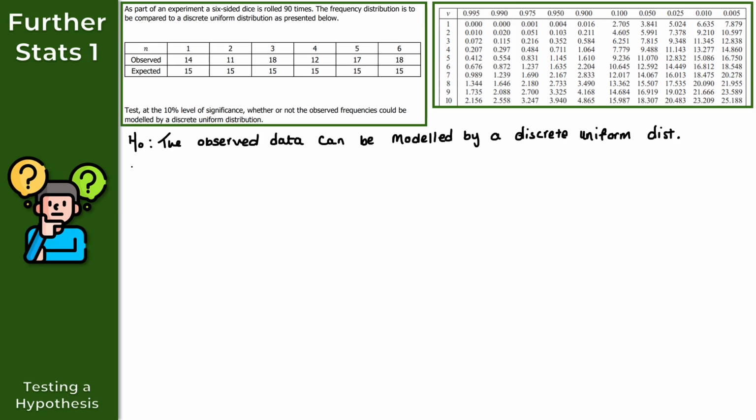For H1 then, what we're going to say is that the observed data cannot be modelled by a discrete uniform distribution.